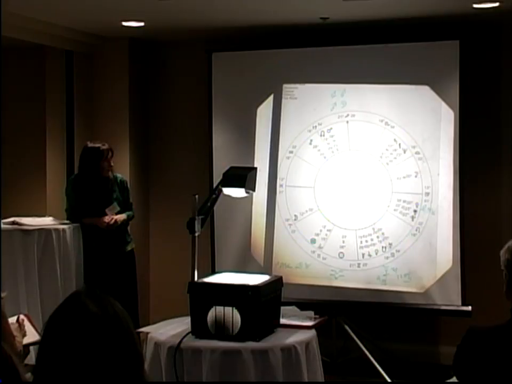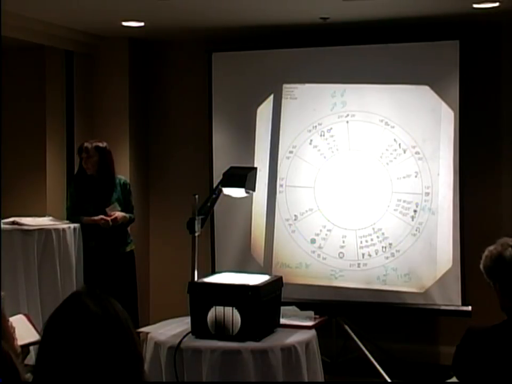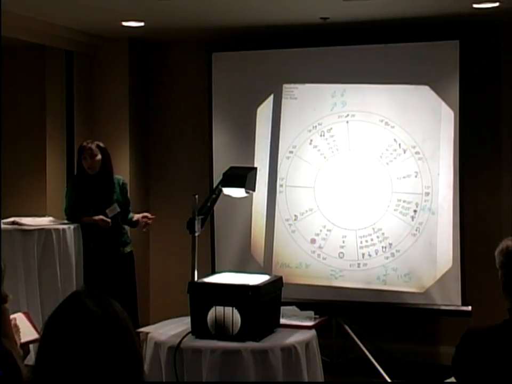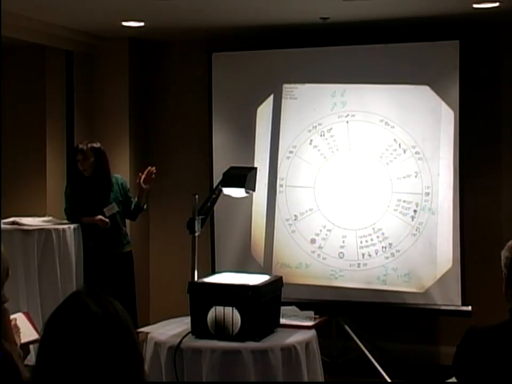Seeing that we have the nodal axis in the 4th and 10th house, and we have the moon, which is a self-image, being located in Aries in the 1st house, which is about beginnings here, we would suggest that the gender switching is relatively new, and this may be one of the issues around the accessing of the gender assignment issues for this individual.